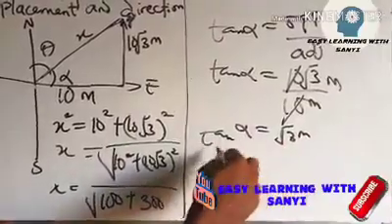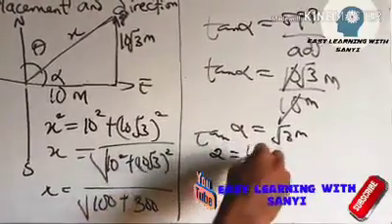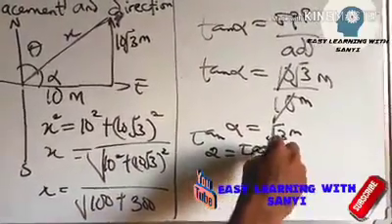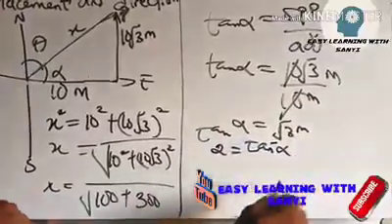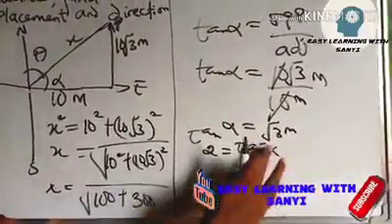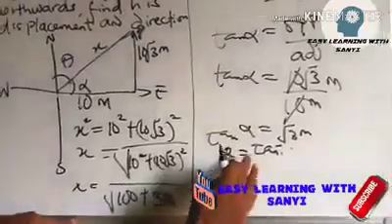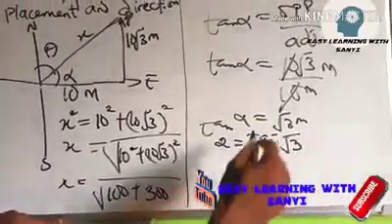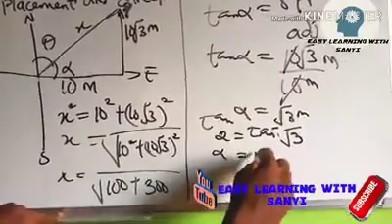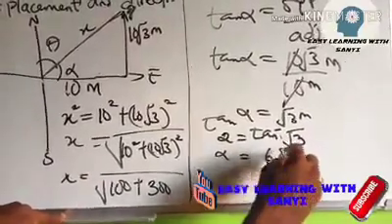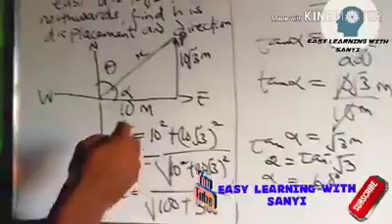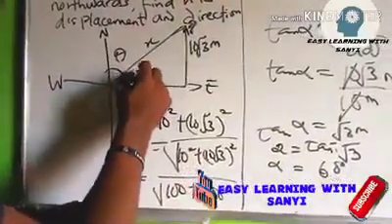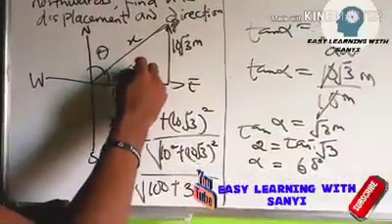That means alpha equals the tan inverse of √3, which is 60 degrees. So angle alpha here is 60 degrees.